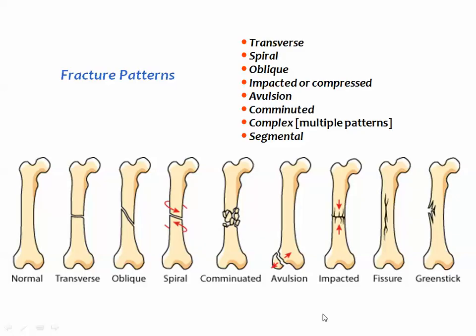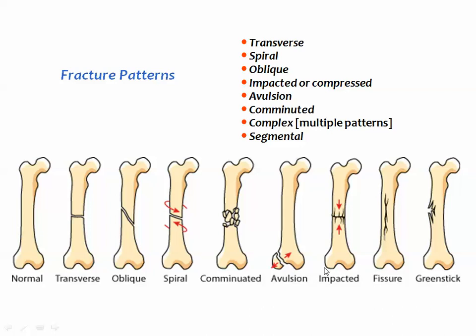And these are the most commonly seen fracture types in the clinical practice, including the transverse fracture, like this one, the oblique fracture, the spiral fracture, and the comminuted fracture, and this is avulsion fracture.